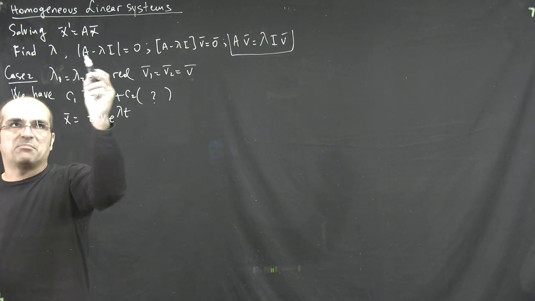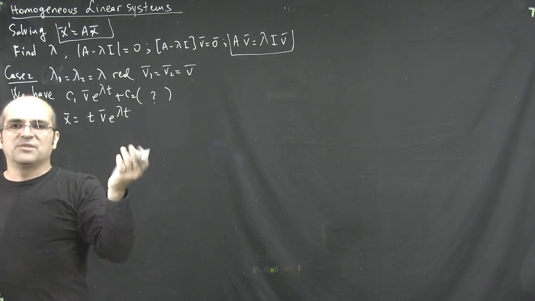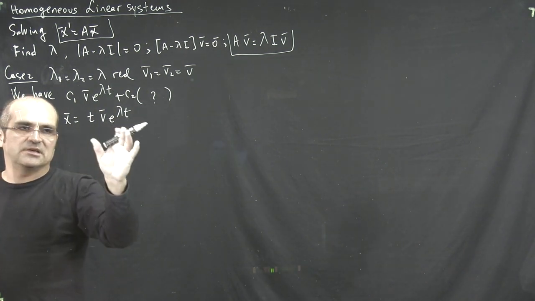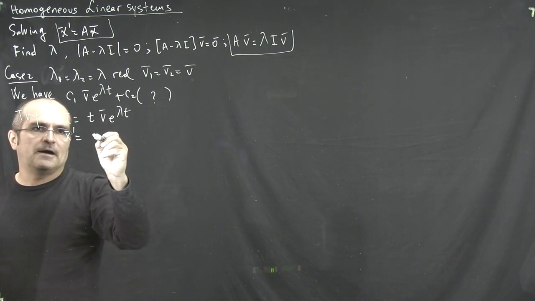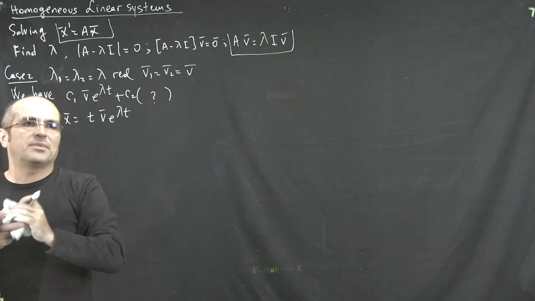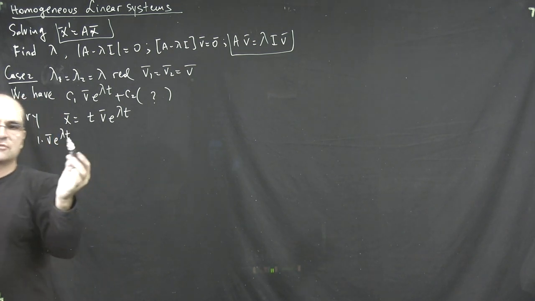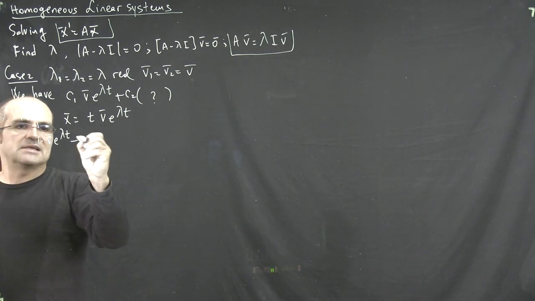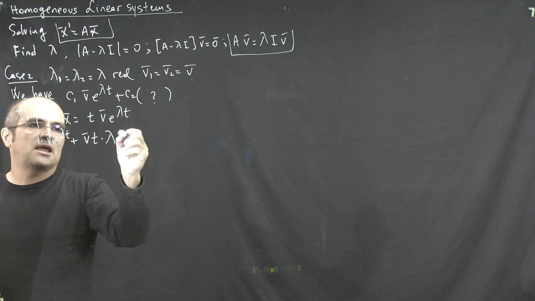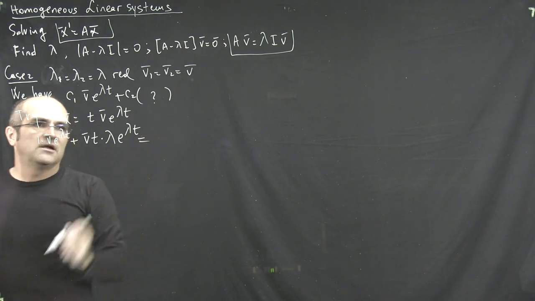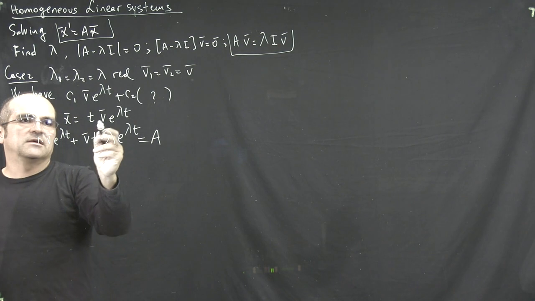Notice that if I plug it into the system, I have to use the product rule now. By the way, the product rule still holds if you deal with matrices or vectors. So on the left side, x prime will be v bar e to the lambda t, 1 times v bar e to the lambda t, so I'm doing here the product rule, plus v bar t, and then differentiate e to the lambda t, which gives me lambda e to the lambda t, equals, and on the right hand side I plug in again.